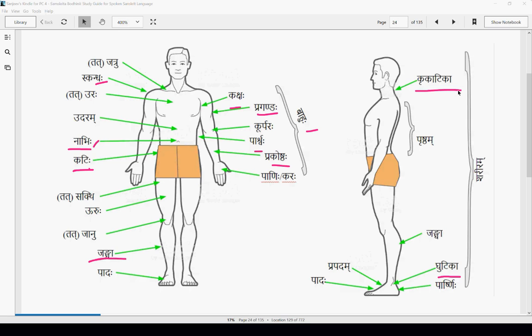Because if nothing is indicated, then a word ending in a, we can assume it as a strilinga word. There are some words ending in a which are pullinga words also, that is masculine. But if nothing is given, not in every case, but generally, we assume strilinga.